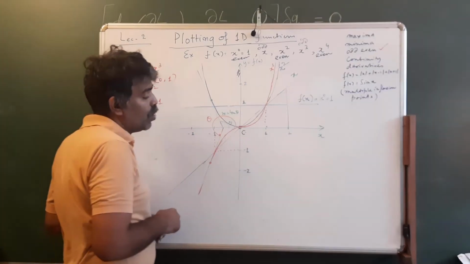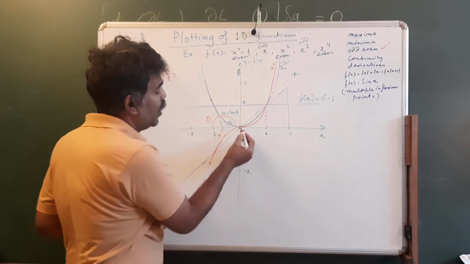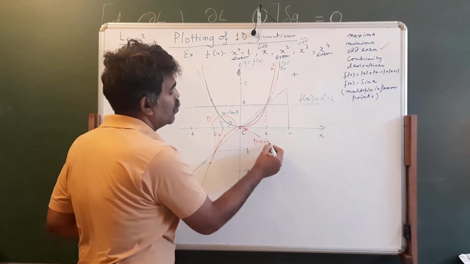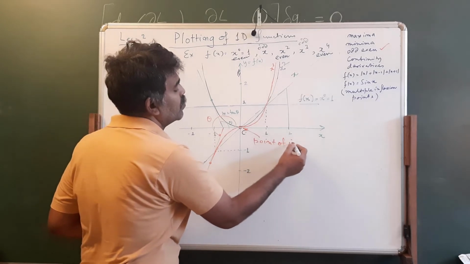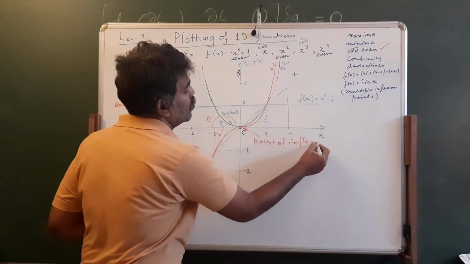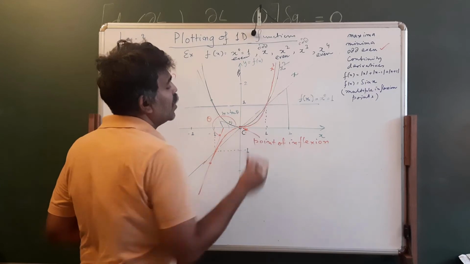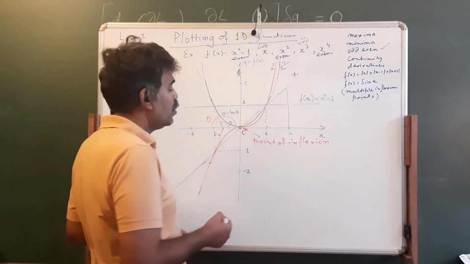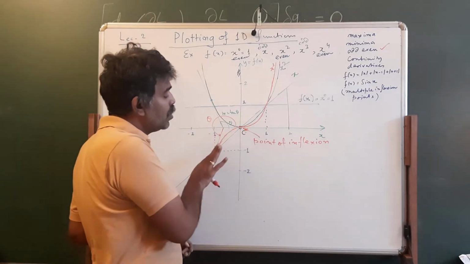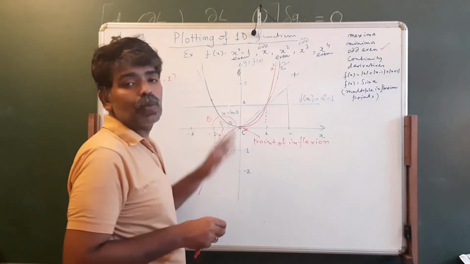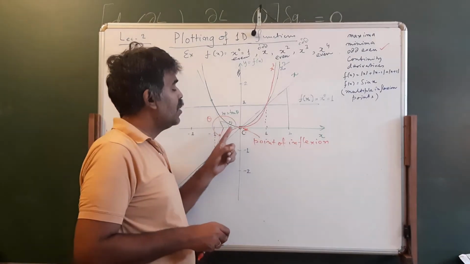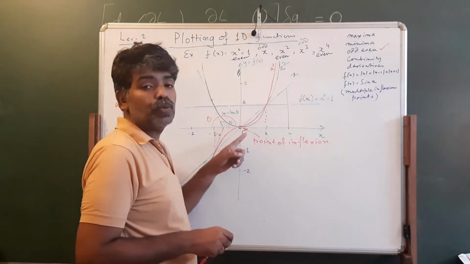Now, the point is, what is the point of inflection? This point is the point of inflection. As far as this red curve is concerned, for y equals x cubed, why is it the point of inflection? Because here the slope changes its motion. Remember, it is not necessary that at the point of inflection the slope will be 0.